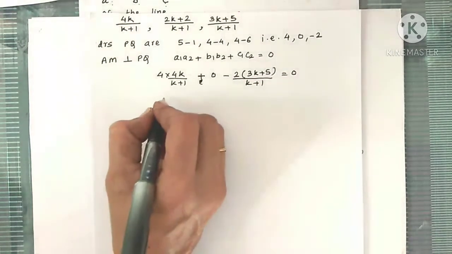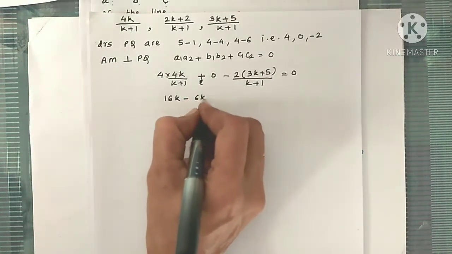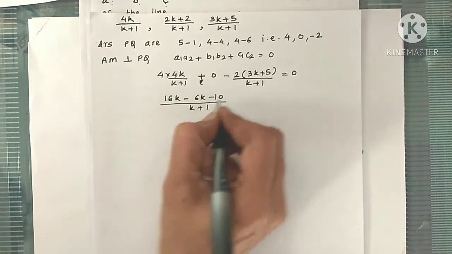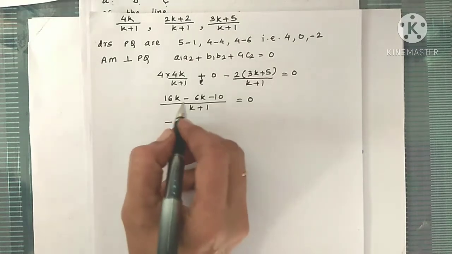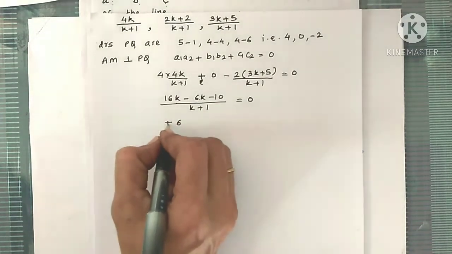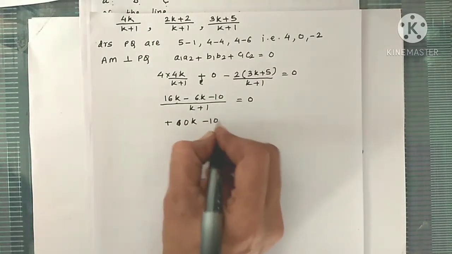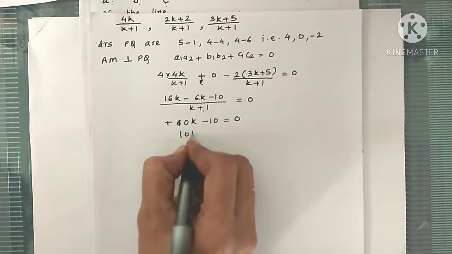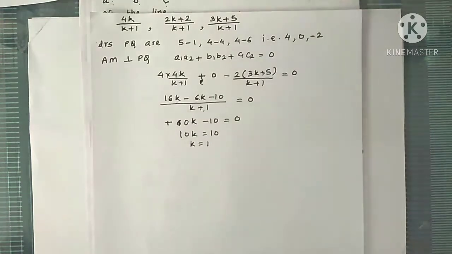So considering the numerators, it is 16k minus 6k minus 10 upon k plus 1. As the denominator is the same, we are adding the numerators. So it is 16k minus 6k, that is 10k minus 10, and cross multiplying, k plus 1 into 0 becomes 0. So 10k equal to 10. That means k equal to 1.